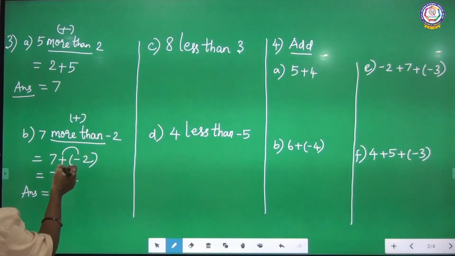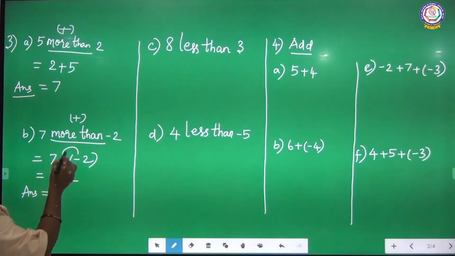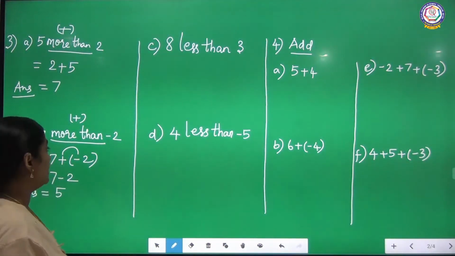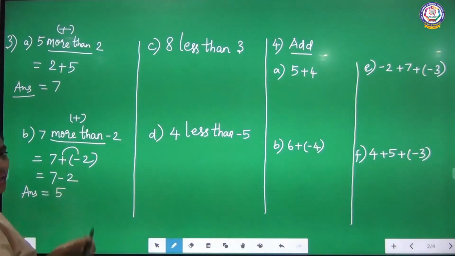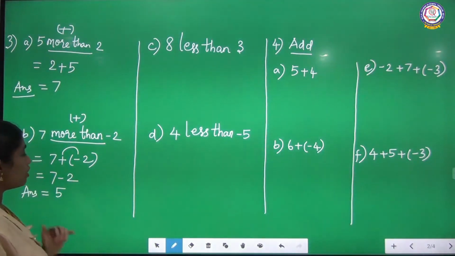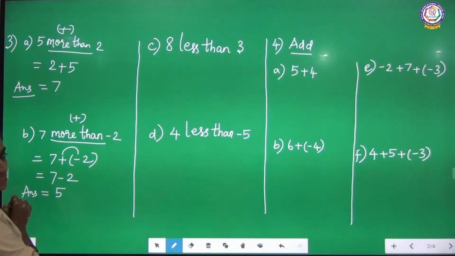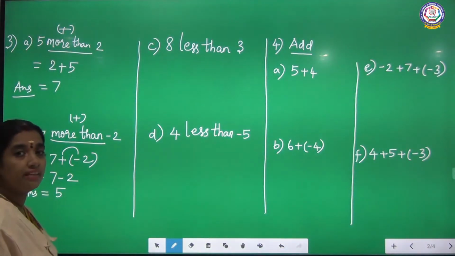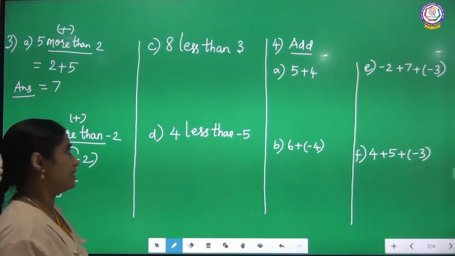More than means I have to use the plus symbol here. So, plus into minus is minus. 7 minus 2 is 5. Alternate symbols, so I have to subtract. Here my positive integer is greater. So, for that I have written the plus symbol. But no need to mention the plus. If we keep it as it is also, it is a plus.